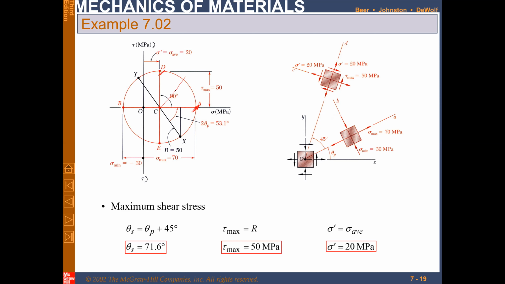So x will go further theta p, and then you will add 45 to it to reach the maximum one, right? This is how you can go for the theta s values: theta p plus 45 degrees.